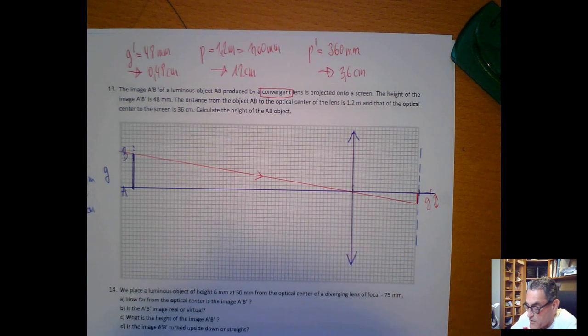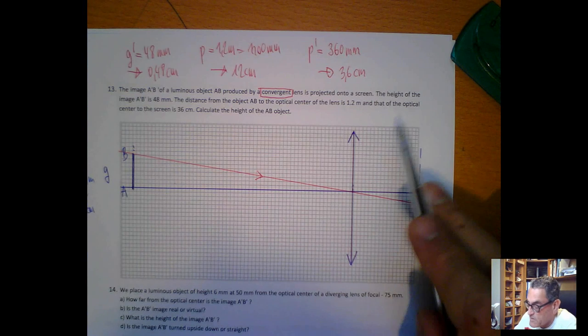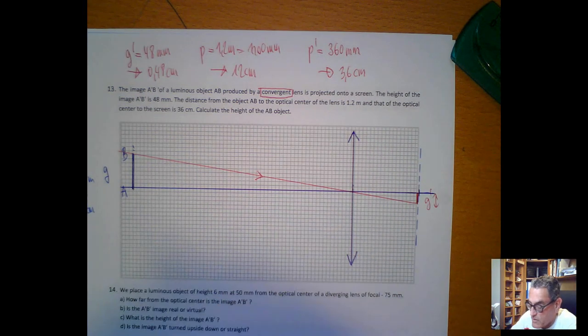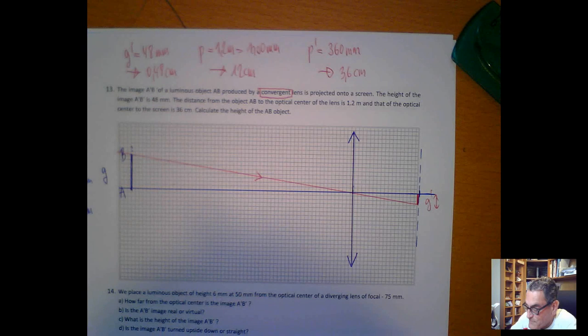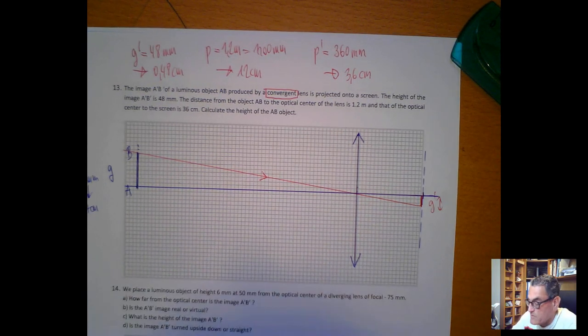So the answer is, if the image has a height of 3.6 centimeters, the object has a height of 17 centimeters.